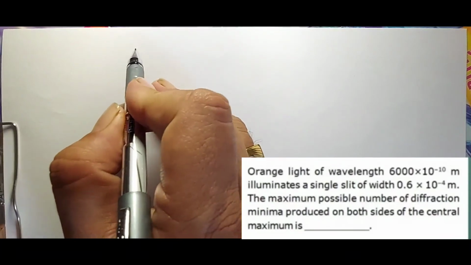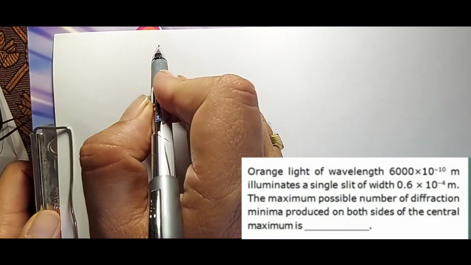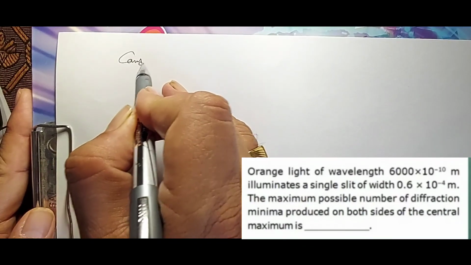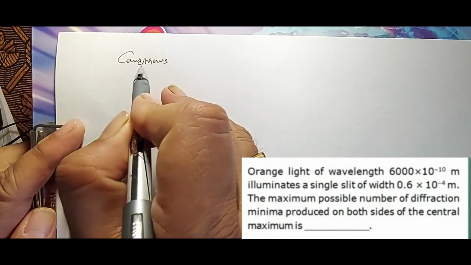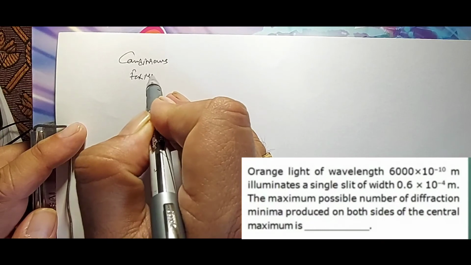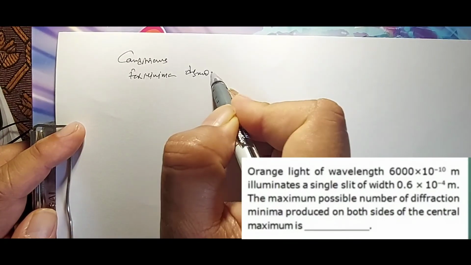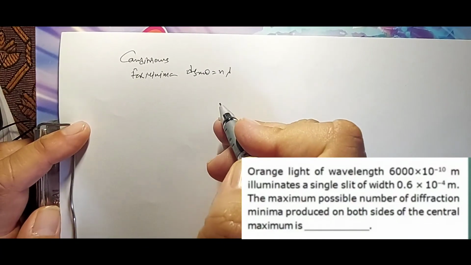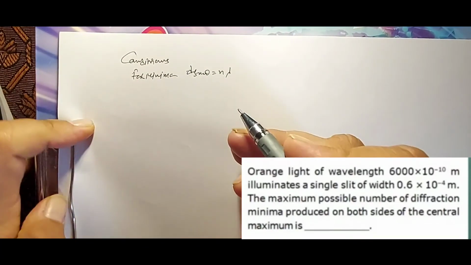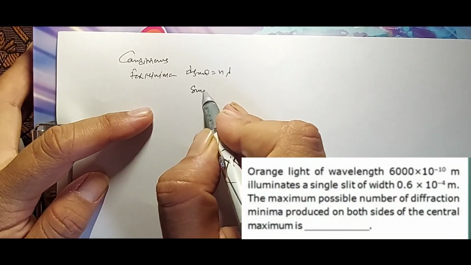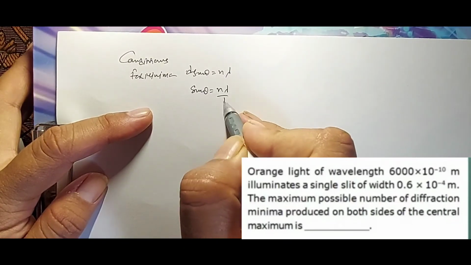Okay, here we know the condition for minimum: d sin theta is equal to n lambda. So here sin theta is equal to n lambda by d.